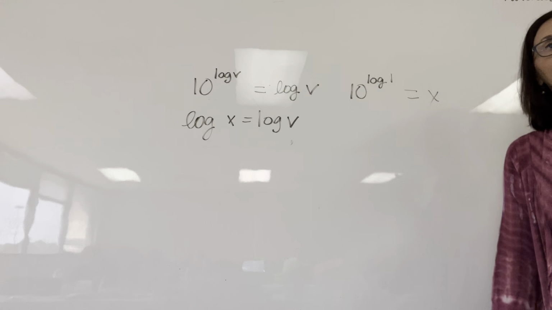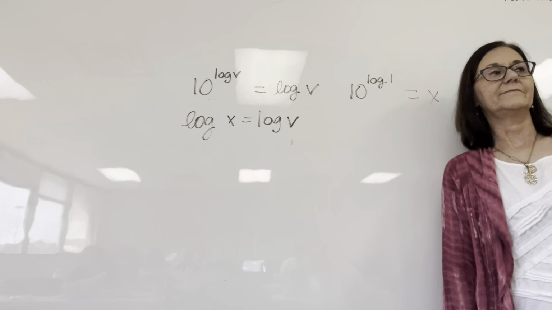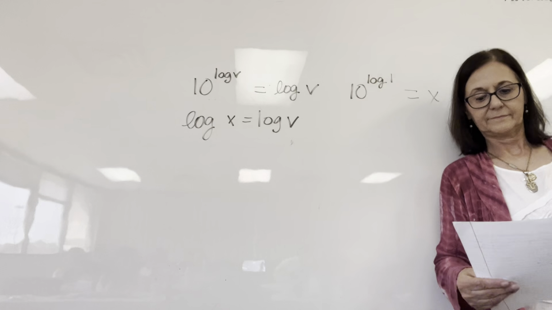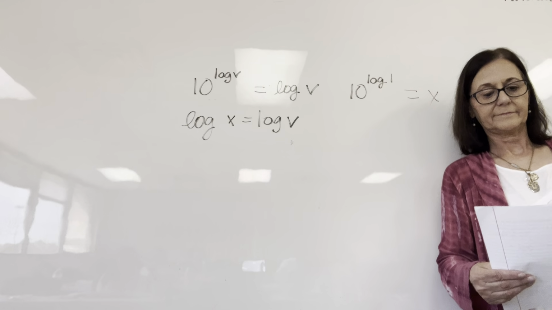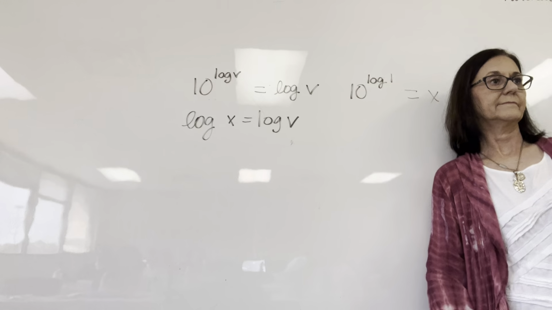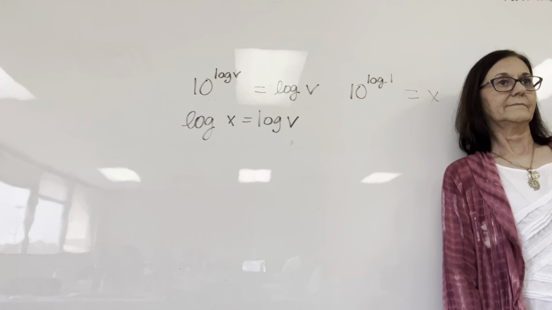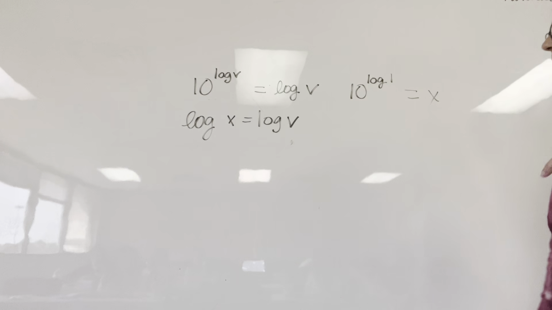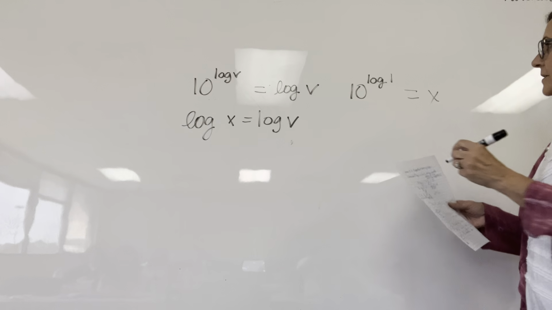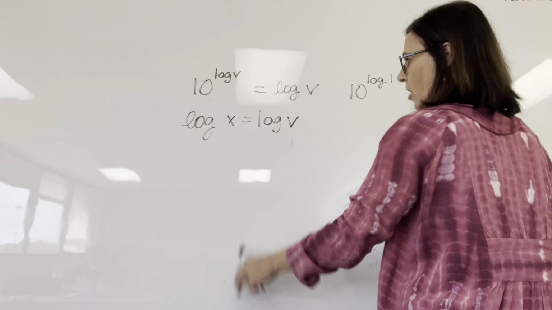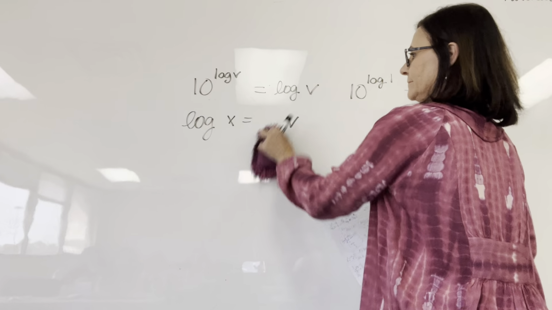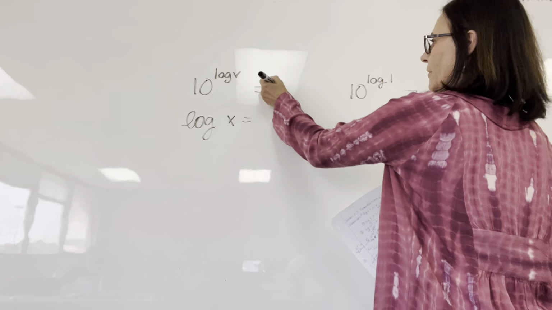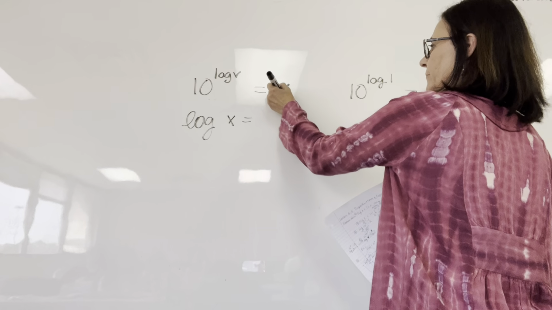Yeah, do 10 to the log of 1 in your calculator. It equals 1. So it equals not the log of it, but it equals the argument. I wrote the log, but the log shouldn't have been there.